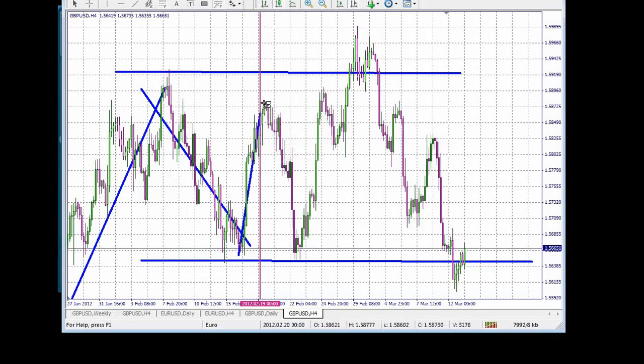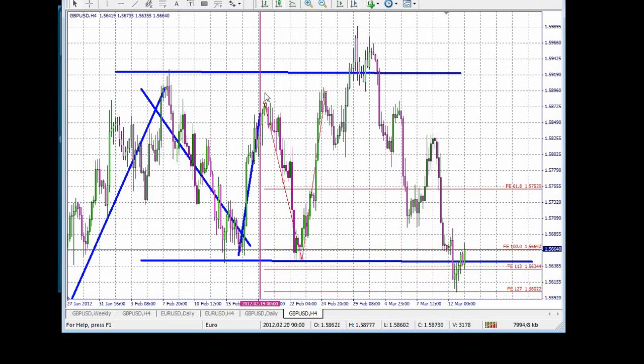How we can use it? We simply put it into the chart like this. Fibonacci extension has 3 points. So it is like an angle with 3 points.